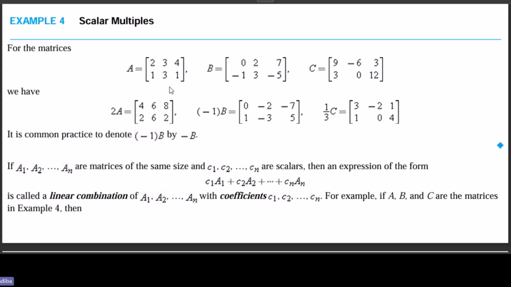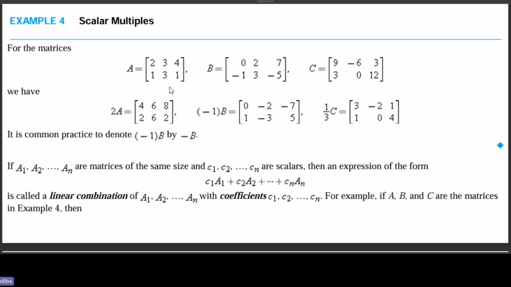When we multiply this matrix by 2, we end up having 4, 6, 8, 2, 6, and 2. What are they saying here? When we multiply a matrix by a negative, that negative is taken by all the entries in that particular matrix.